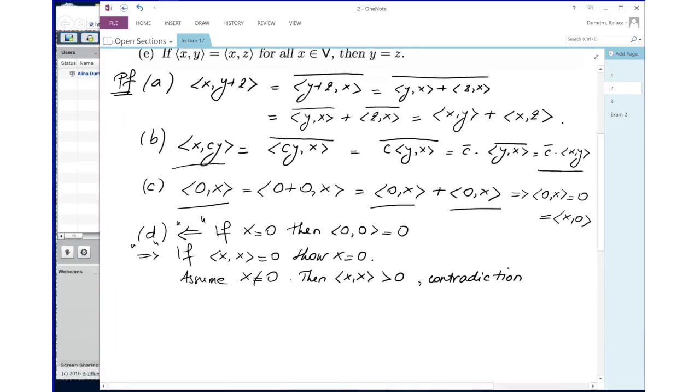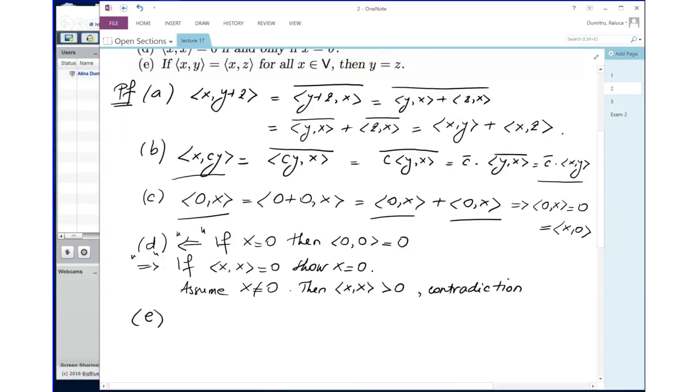So let me move all these things down. E. E is actually pretty useful as a method of proof.